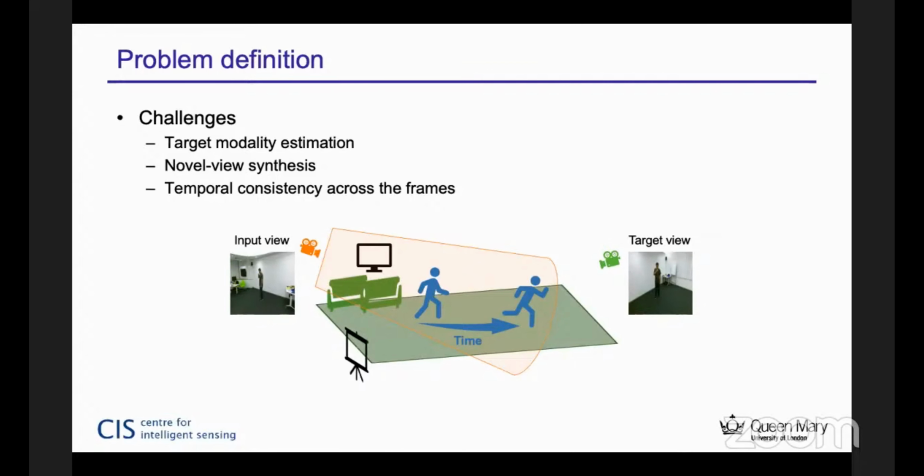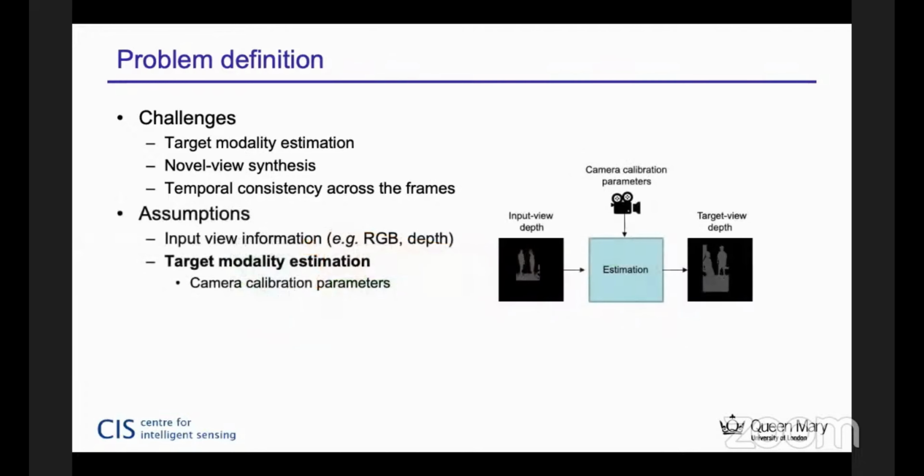The challenges of this problem are how we estimate the target view modalities, and once we have that, how we perform the synthesis task. One key challenge that differs from image-based novel view synthesis is keeping track of the temporal consistency across frames.